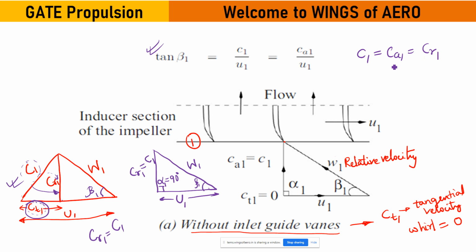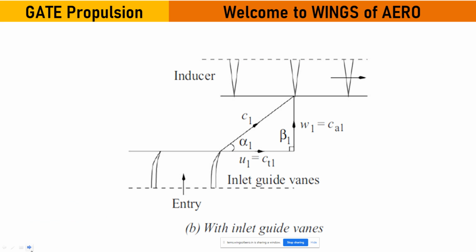Both are the same, known as the axial and radial velocity. Is this clear? Yes, ma'am, clear. Because in the question, if they are not mentioning anything about inlet guide vanes, then you have to consider this strategy.